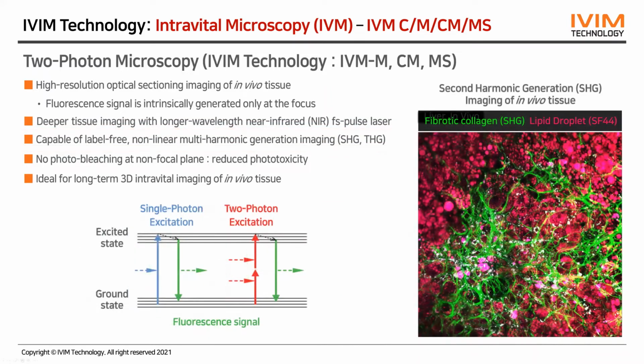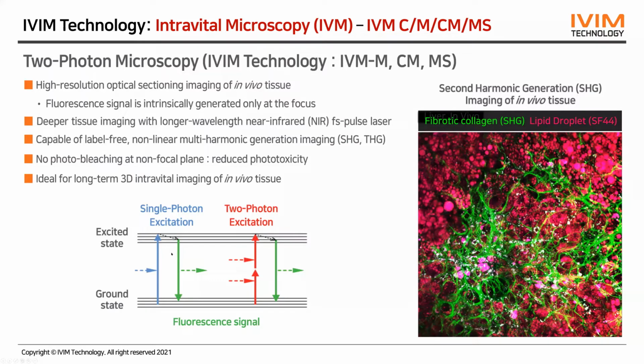This is a good example of the fibrotic collagen in the liver, again obtained in vivo in the liver of the mouse model for non-alcoholic fatty liver fibrosis. In green, you can see the fibrotic collagen detected by second harmonic generation, and additionally, you can see the fluorescence from the lipid droplets by using a fluorophore.